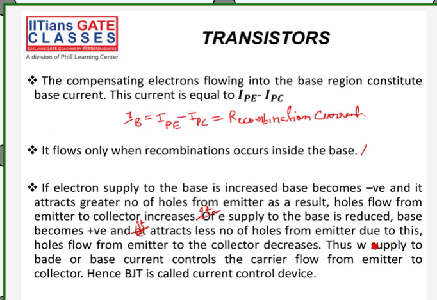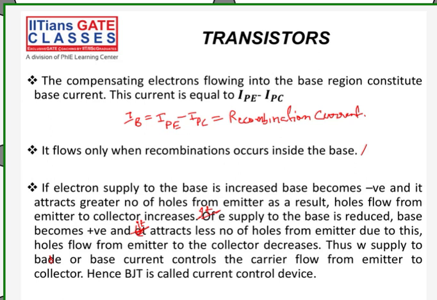Thus the electron supply to base, or base current, controls the carrier flow from emitter to collector. That is the main concept here. See, if we increase the electron supply, it will attract more holes and base current increases.